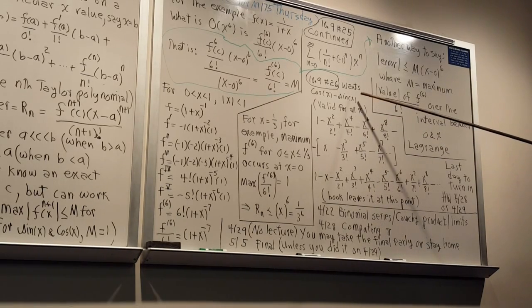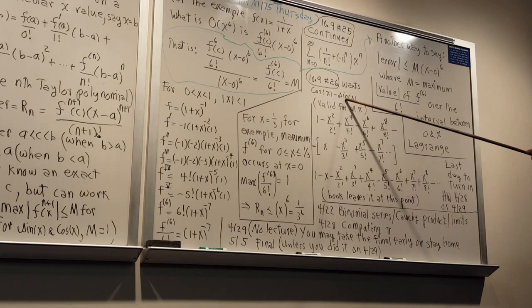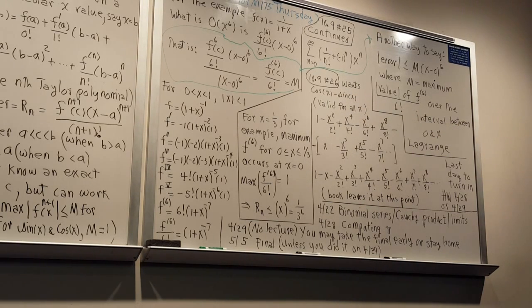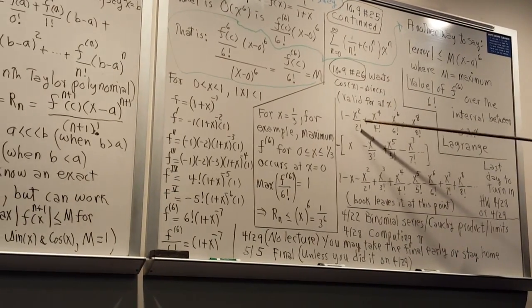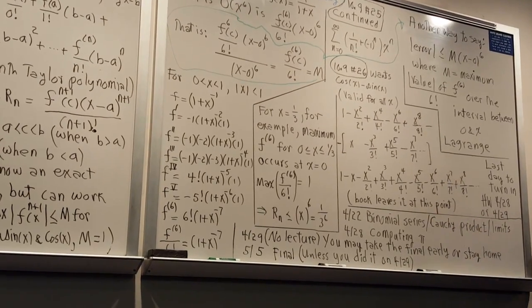Okay, and then 26 wants cosine minus sine. Each of these is valid for all x, so your difference formula is valid for all x. So this is your cosine Maclaurin series.